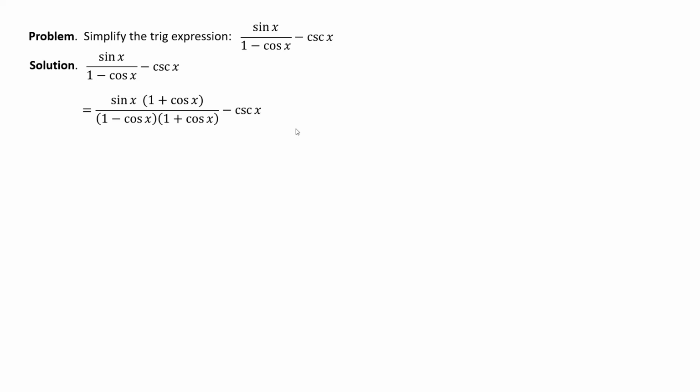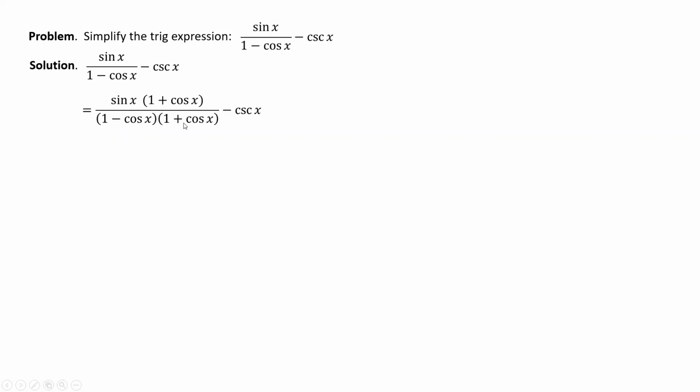Okay. What I did is I multiplied both the top and the bottom by 1 plus cosine x. Why? Immediately, the question that should pop up is, why? Well, that is because, once again, notice we have a difference of squares here.